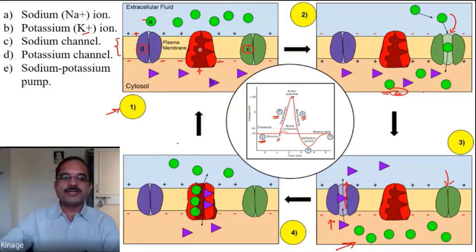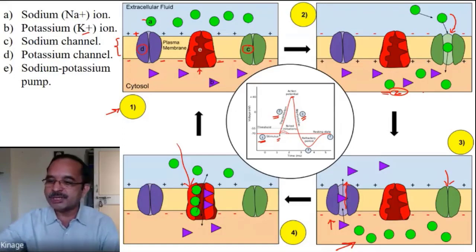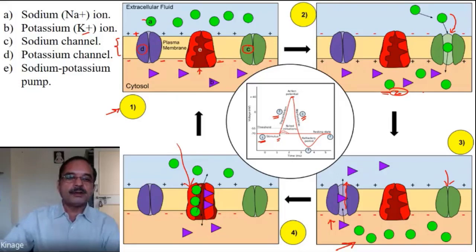This pump allows 3 sodium ions to enter inside, indicated by this green color, and 2 potassium ions to go outside.